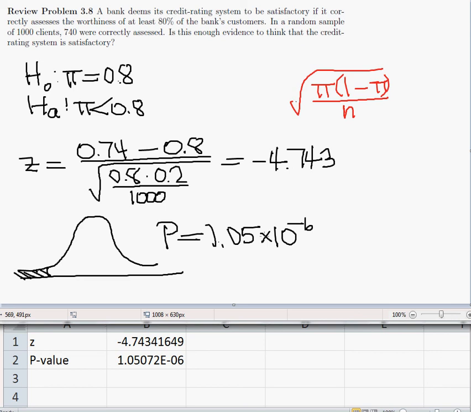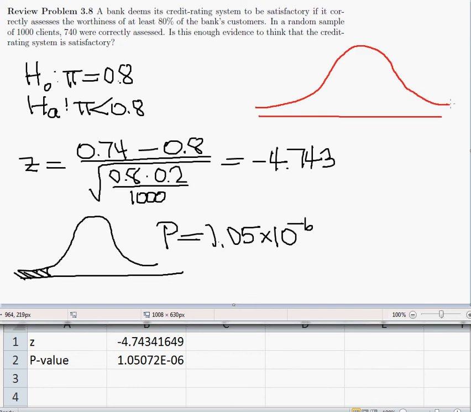The other way of doing the problem would be to figure out the critical value. So let me do that up here in the upper right-hand corner. The critical value would be, on the bell curve, the value of z so that the area to the left is equal to alpha, and we'll take our default value of alpha to be 5%.